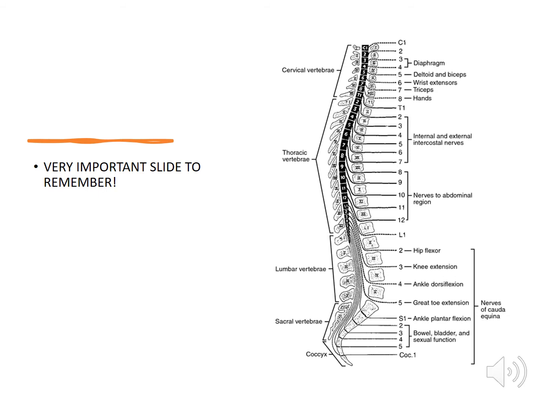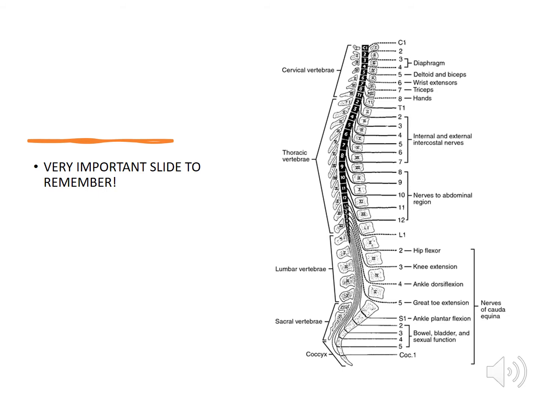From C8 to T1, we have the hands. Then from T2 all the way down to T7 are going to be the internal and external intercostal nerves. From T8 to T12, we have the nerves that provide the abdominal region.